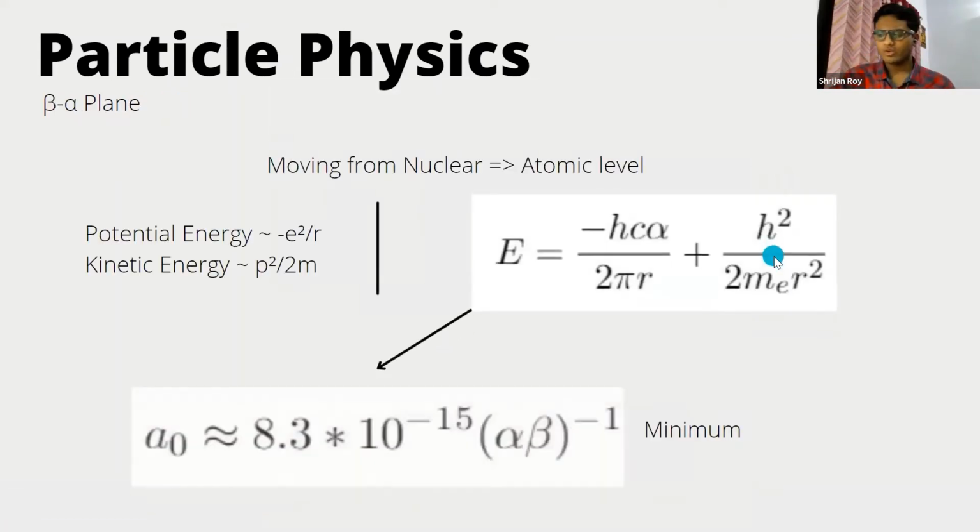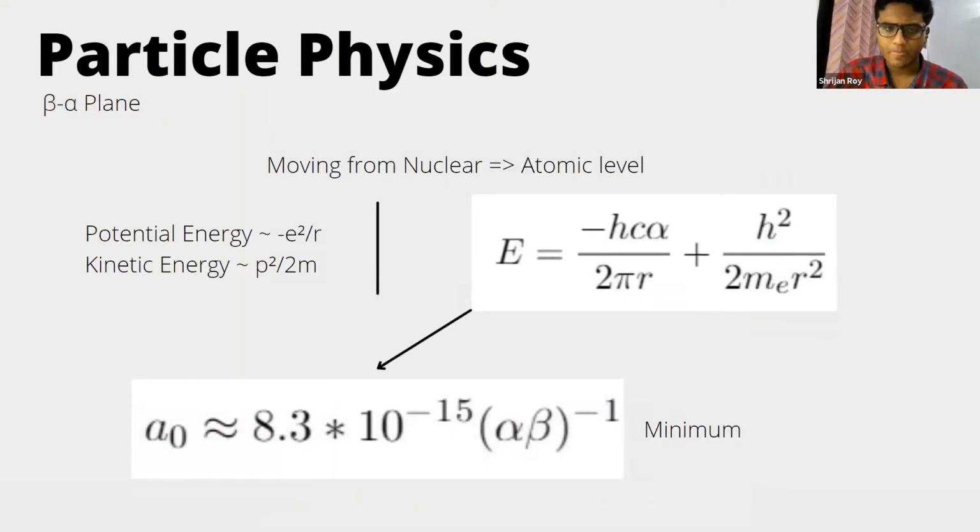So let's now move from the nuclear to the atomic level. When we move to the atomic level, we'll have all sorts of things like electron orbit, the interaction between electron and proton, relativity of electrons, and many other things. I'll discuss them.